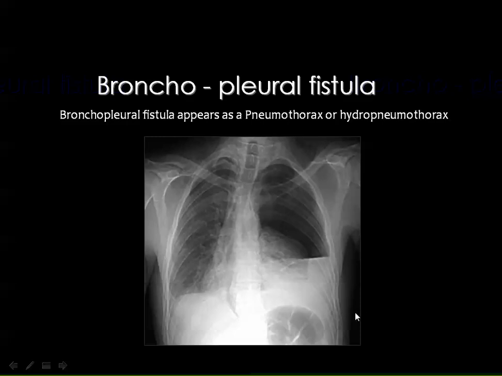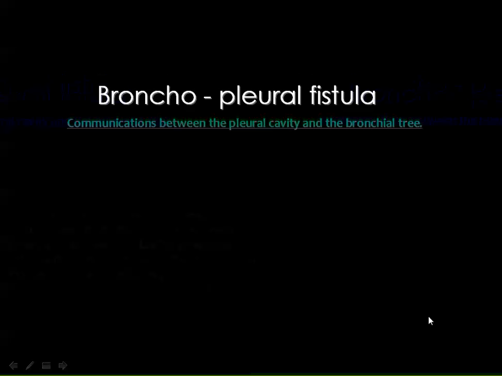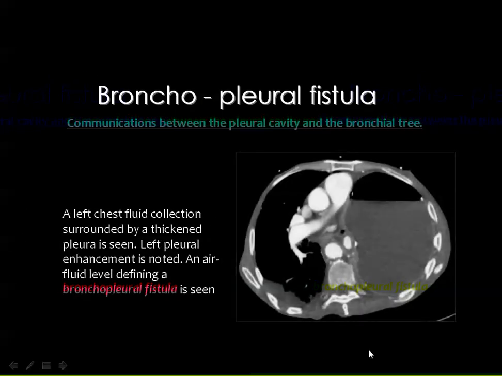Then if you see an air fluid level like this, you will call this hydropneumothorax, and it may be looked at as a consequence of the development of a bronchopleural fistula. And here you see that there is a big collection on the left side with air fluid level, and pleural enhancement is noted.